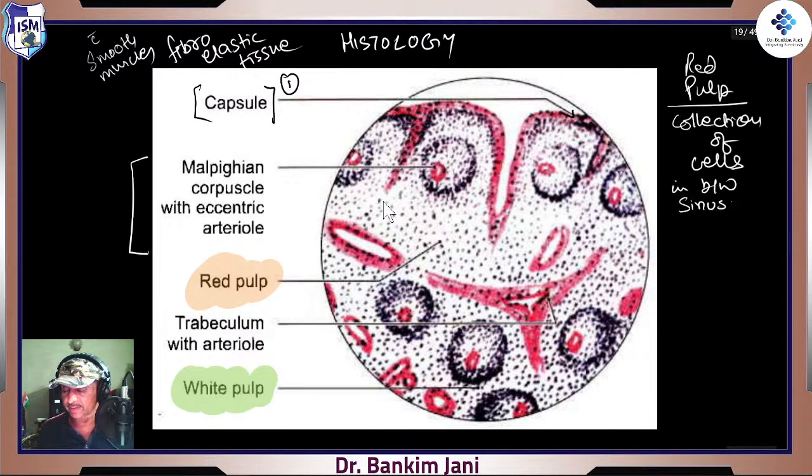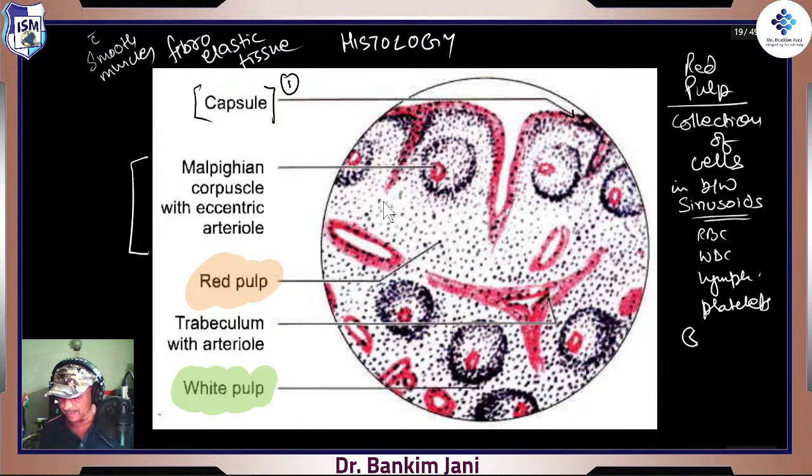As we said, the spleen is divided into such small pockets, and all types of cells are collected there. It would have RBCs, WBCs, lymphocytes, platelets, those gobblers, macrophages, all types of cells. So in the open theory, the blood is simply dumped into that. So that is red pulp.